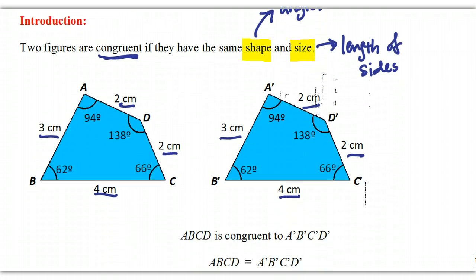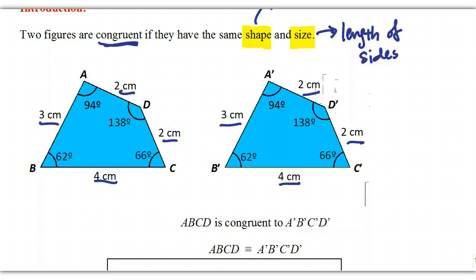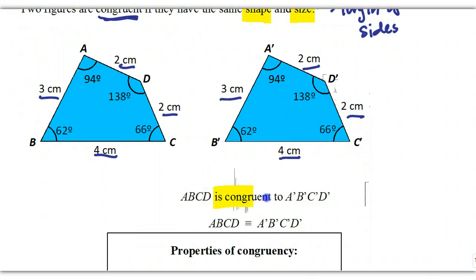Okay, so in short, I can say that the figure ABCD on the left is congruent to the figure A prime, B prime, C prime, D prime on the right. And in short form, for "is congruent to", I can actually use this sign here, the three horizontal lines to show congruency.